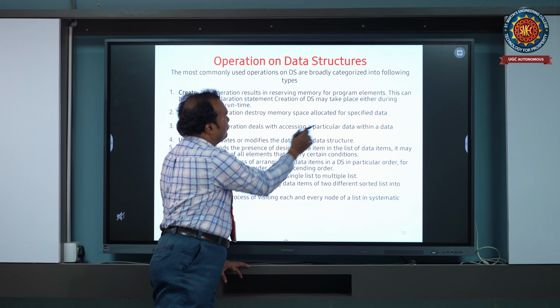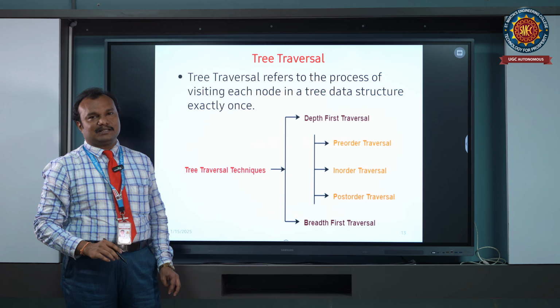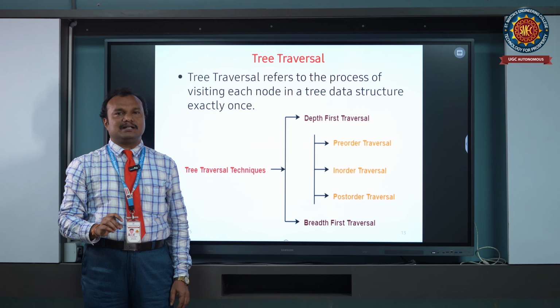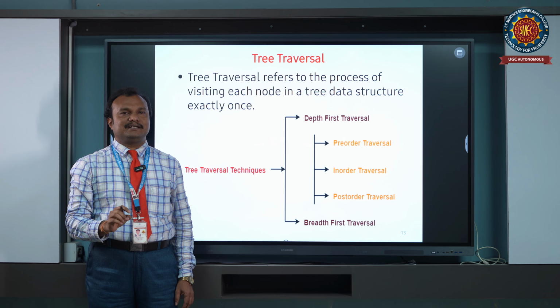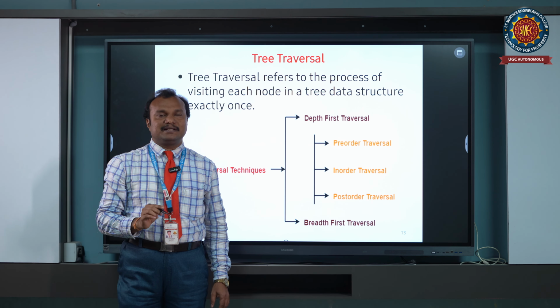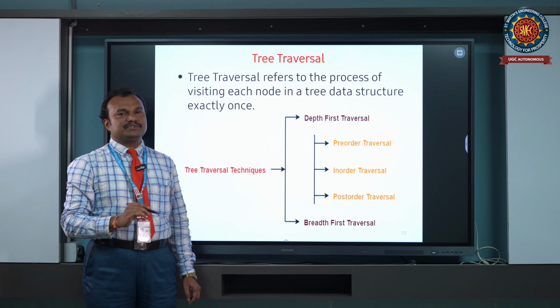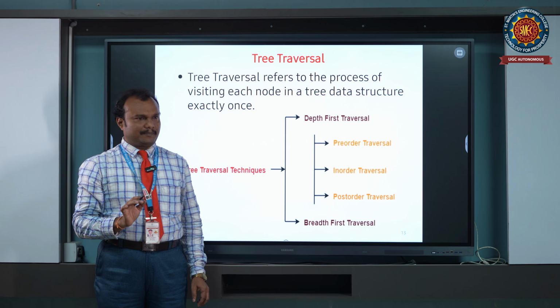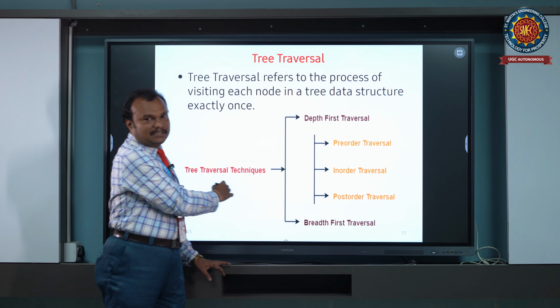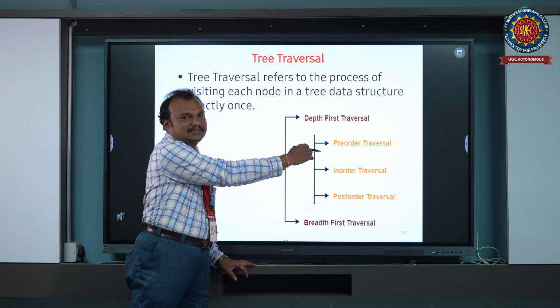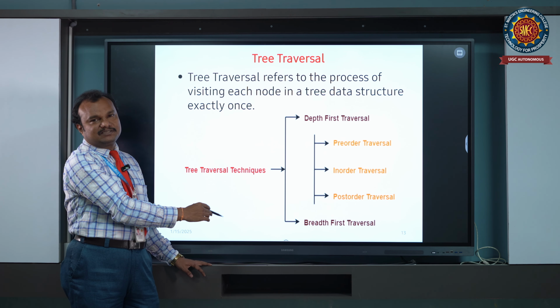Now we will come to tree traversal. Tree traversal is used to traverse all the data which is stored in the tree data structure. Tree traversal refers to visiting all vertices one after the other. Tree traversal techniques are of 2 types. One is depth first search traversal, the second is breadth first search traversal.